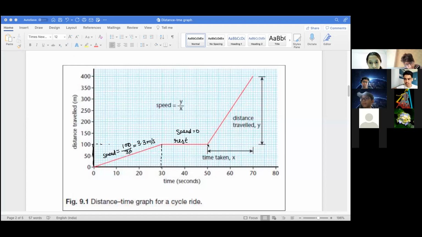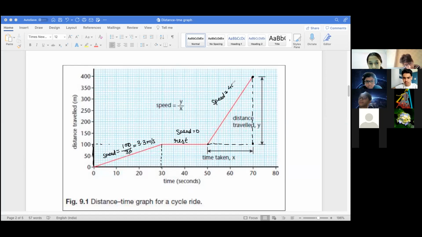I'll make a triangle from here. I cannot make a triangle like this, because the motion is going to start from here. So I have to make a triangle from here to here. Now, this perpendicular distance is how much? 400 minus 100, because it is starting from 100.